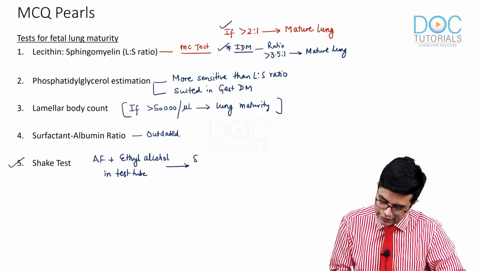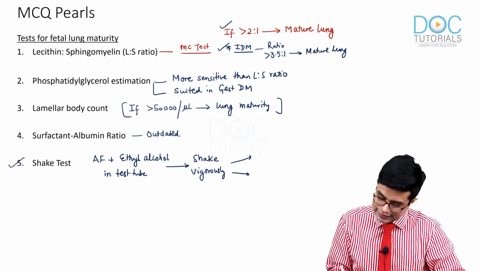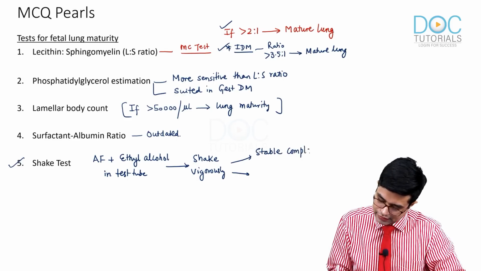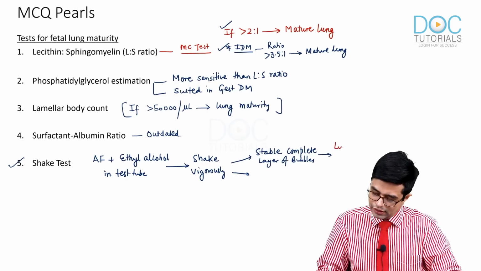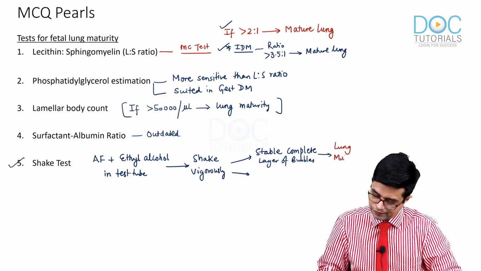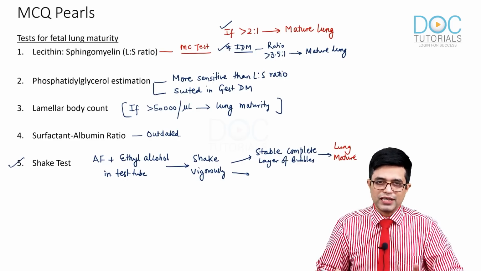Then we shake it vigorously and see what is happening. If a stable, complete layer of bubbles gets formed, that indicates that surfactant is there, it is stabilizing the bubbles, and so the lung is mature. It is a rough way which is sometimes used in peripheral settings.